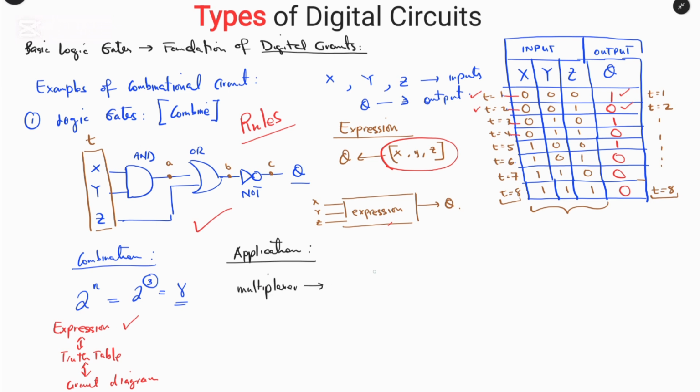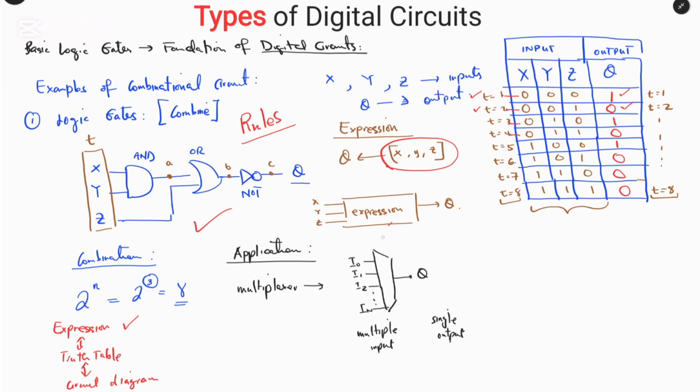For a multiplexer, we can have input 0, input 1, input 2, all the way to input n, and we have Q as an output. So from here, we can say we have multiple inputs and a single output.